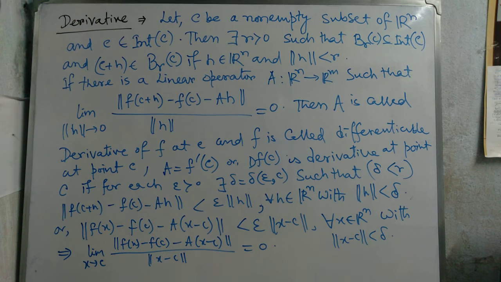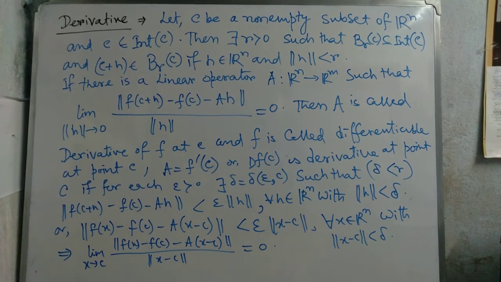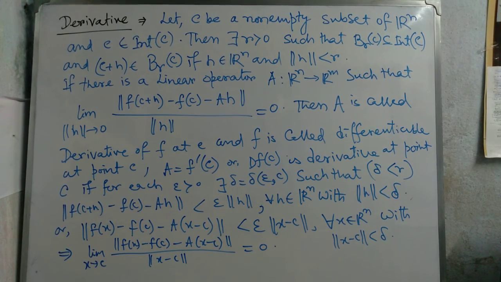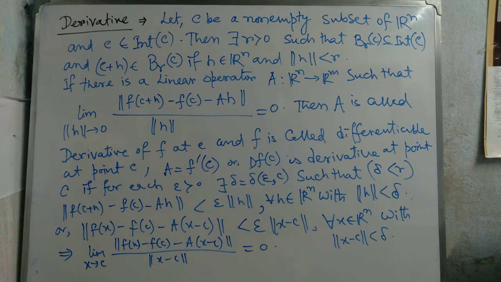so we also discuss how we handle this derivative. Okay, let's see: for a non-empty subset, a linear operator A is called the derivative of f at c if this condition is satisfied: the limit as norm h tends to 0 of (f(c + h) minus f(c) minus Ah) by norm of h equals 0.